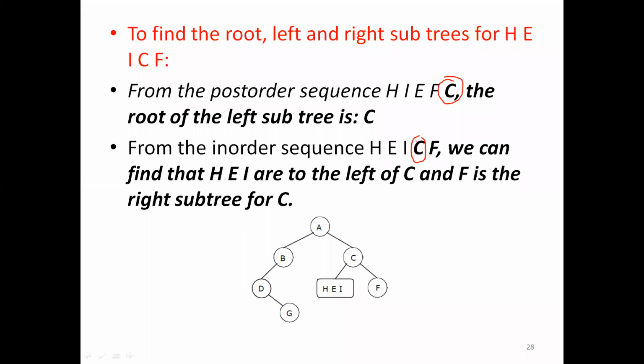I am dividing the traversal into a left subtree and a right subtree: left, root, and right. Once I divide, HEI becomes the left subtree. Right is nothing but F. Okay, fine. Next, I will keep on dividing HEI, right?